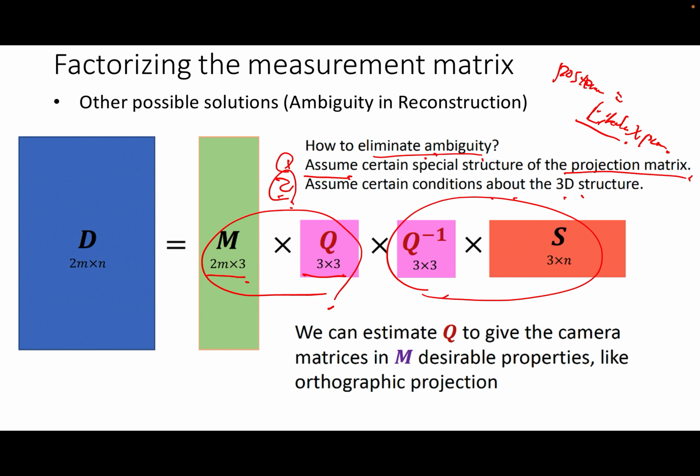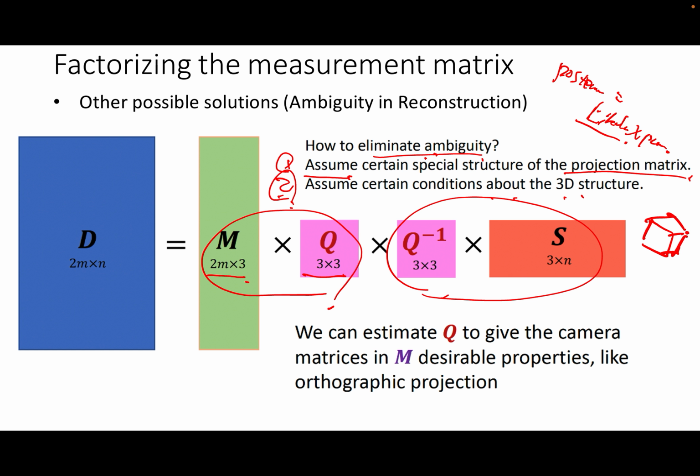Let's say we know these points are from some classroom. Then maybe most classrooms have the shape of a cube, right? There is orthogonality. So we can use such assumptions or prior knowledge of the 3D structure to give some certain condition.